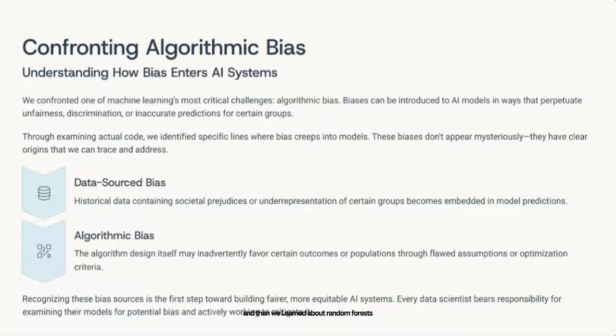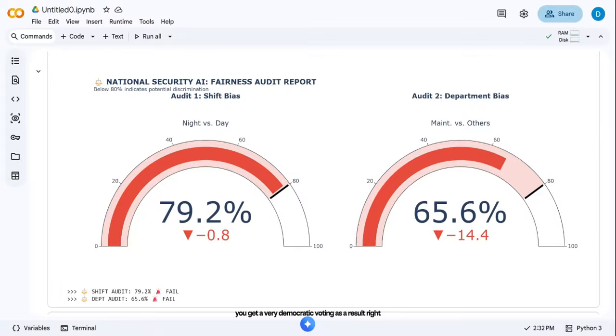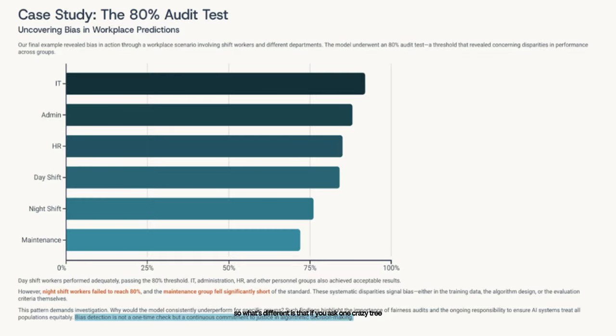And then we learned about random forests, because if you ask one decision tree versus 100 trees, it's different, right? If you have each of 100 trees become an independent decision maker, you get a very democratic voting as a result. If you ask one weird tree, that answer may be really weird.